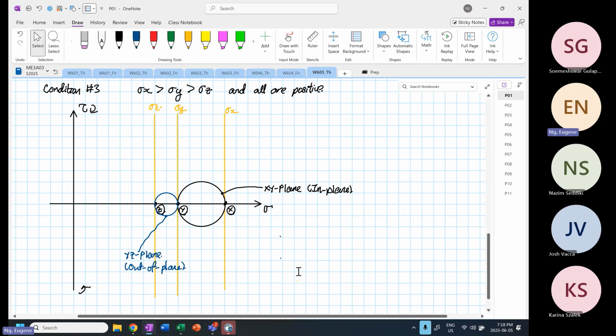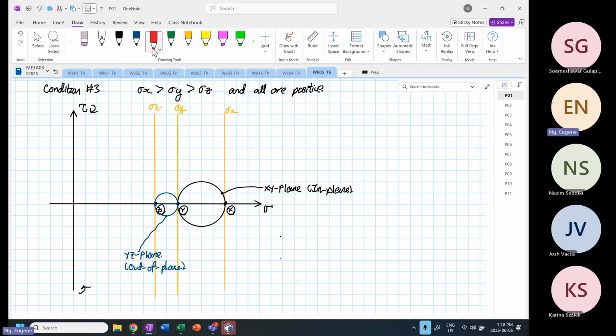And finally, the last circle touches point X and point Z. Okay. And this happens to be the XZ plane. Again, our out plane.